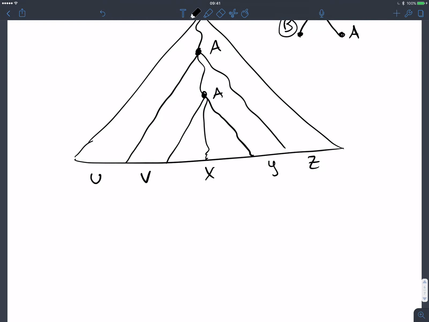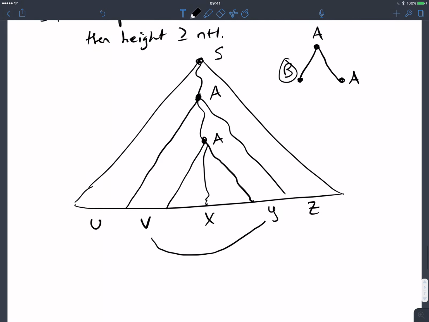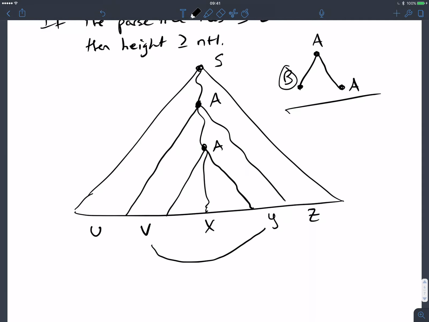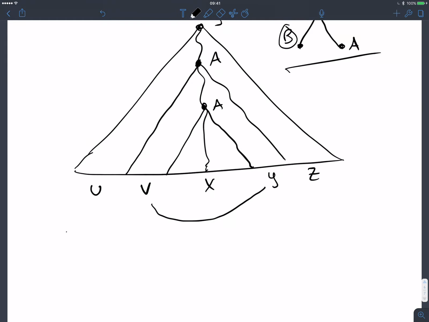What do I know about V and Y? Can they both be empty? No, because of the argument that we just did. They can't both be empty because of this up here. So we know that V and Y are non-empty. So another way of saying that is that together they have at least one character. So I'll write the other way. V and Y are not the empty string. It means the same thing.